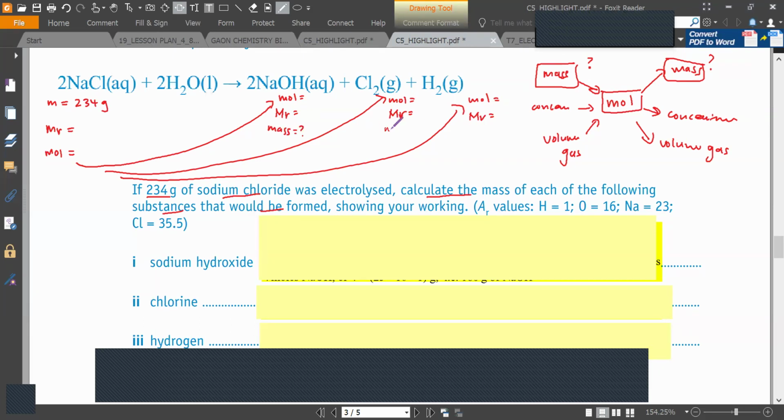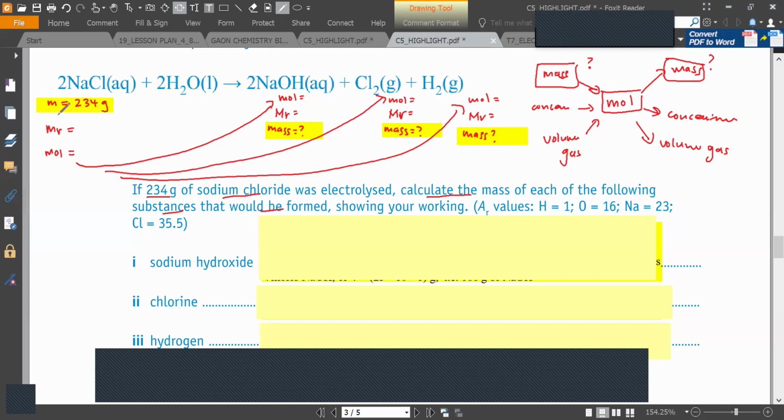That is our final answer that we want. So we are saying that if we put in 233 grams of sodium chloride, how many grams of sodium hydroxide, how many grams of chlorine, how many grams of hydrogen can we get? So that is the concept of this question.